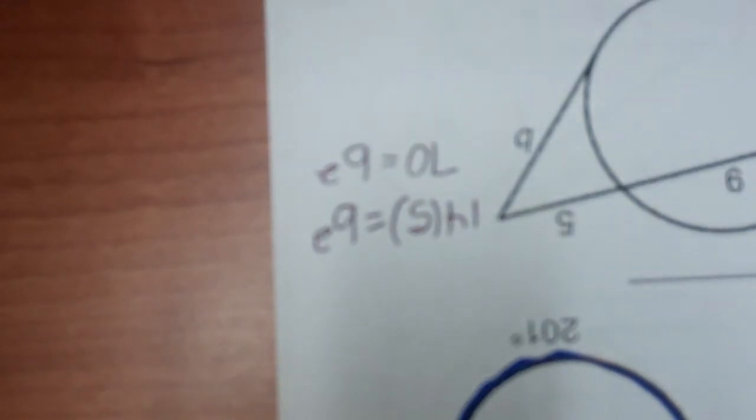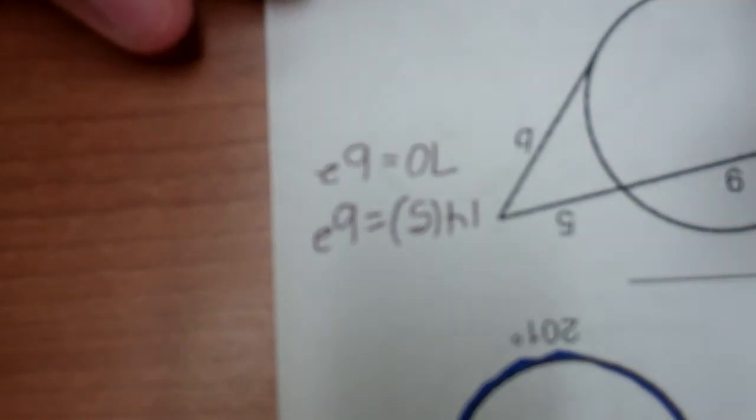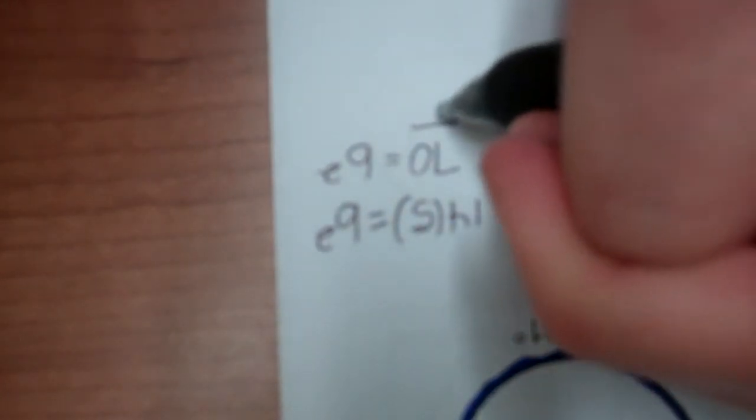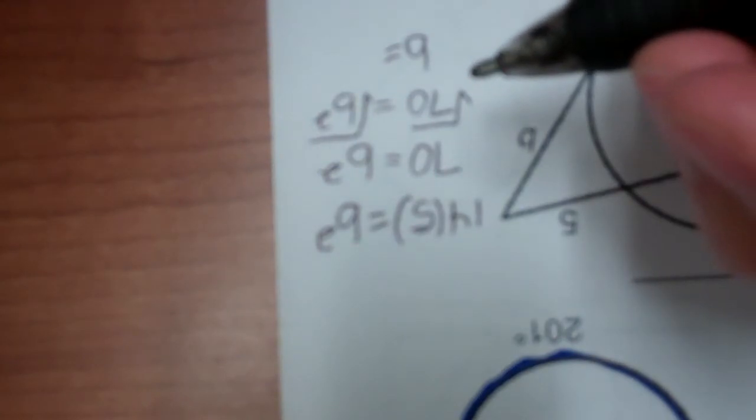So 14 times 5 is 70. And then we're going to take the square root of each side. Approximately 8.37.